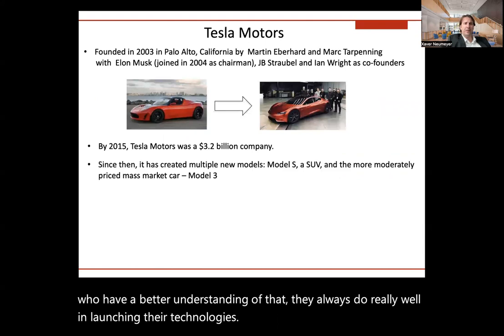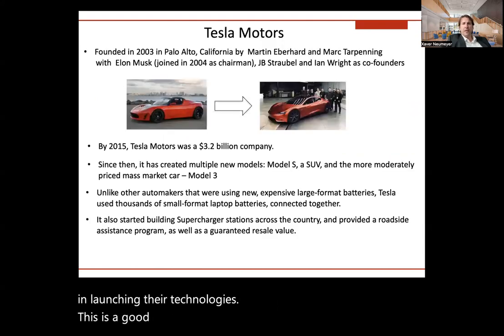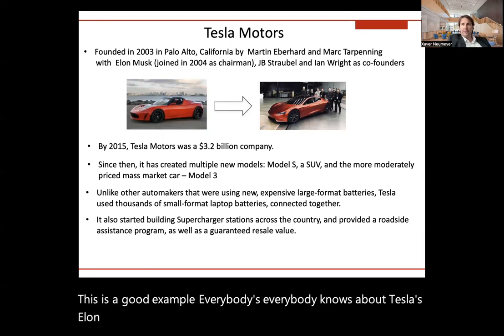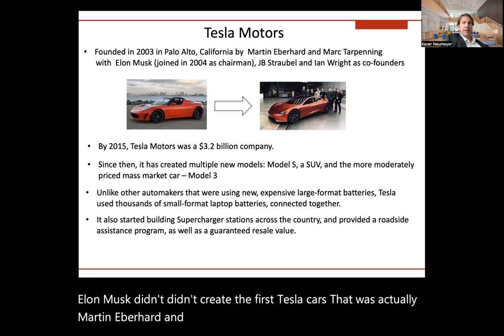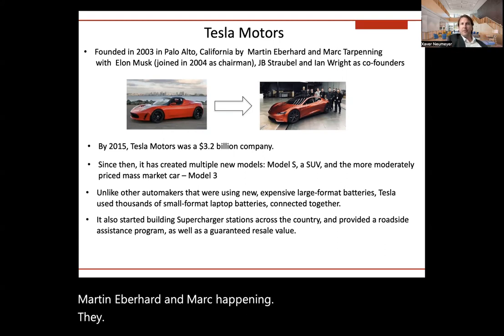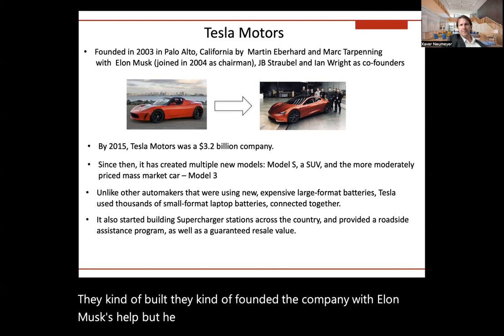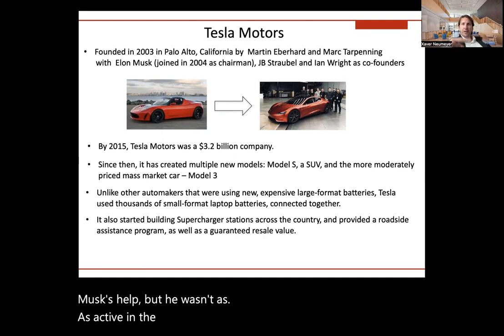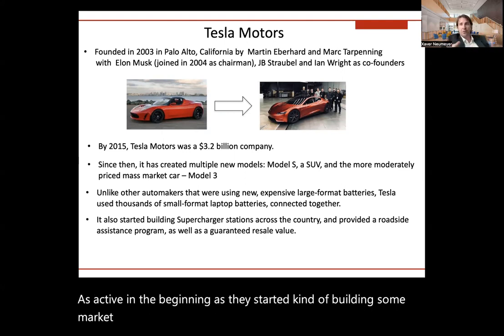This is a good example. Everybody knows about Tesla. Elon Musk didn't create the first Tesla cars. That was actually Martin Eberhard and Mark Tarpenning. They founded the company with Elon Musk's help, but he wasn't as active in the beginning. As they started building some market traction, they started with roadsters.